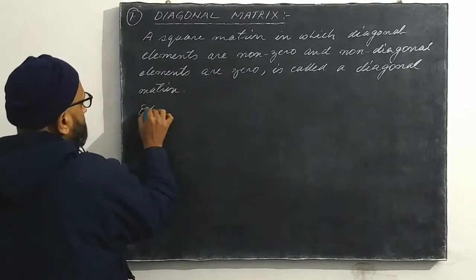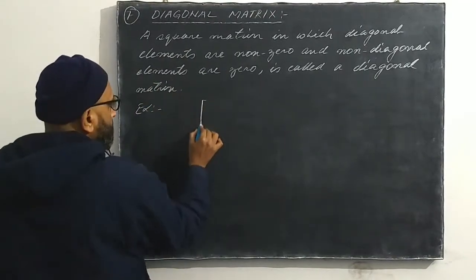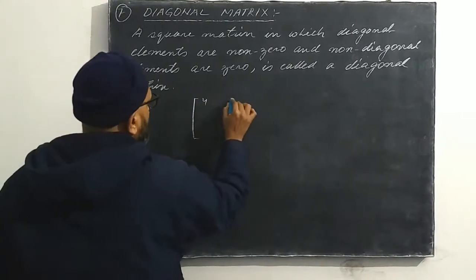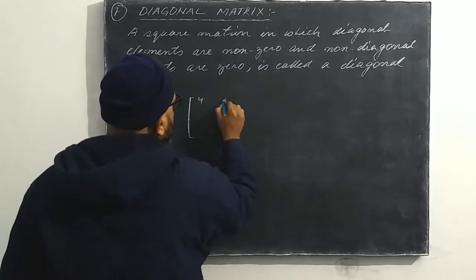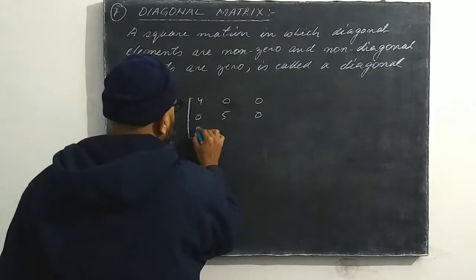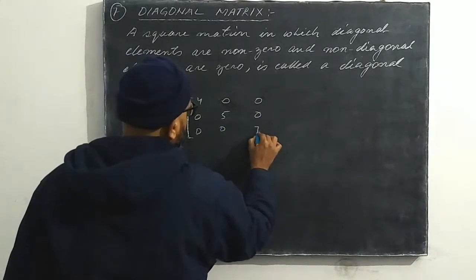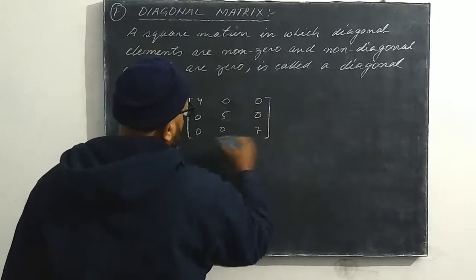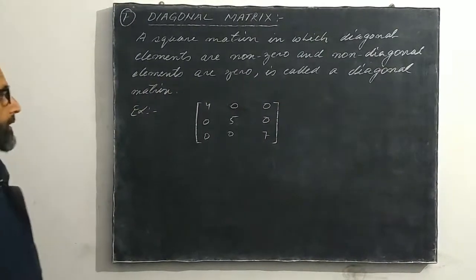As for example, the matrix 4 0 0, 0 5 0, 0 0 7 is a diagonal matrix.